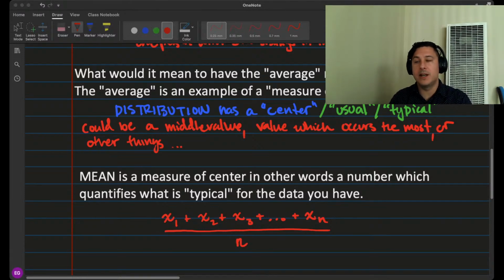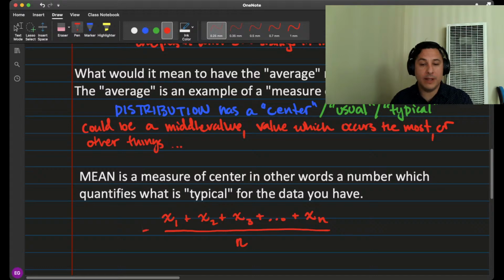We always use the letter n to refer to how many numbers you have. This is how you would write it in mathematical notation. Each of those x-subscript numbers refers to the first number, the second number, the third number, and so on. The nth number is the last number. Then finally, what do you do? Divide by the number of numbers.